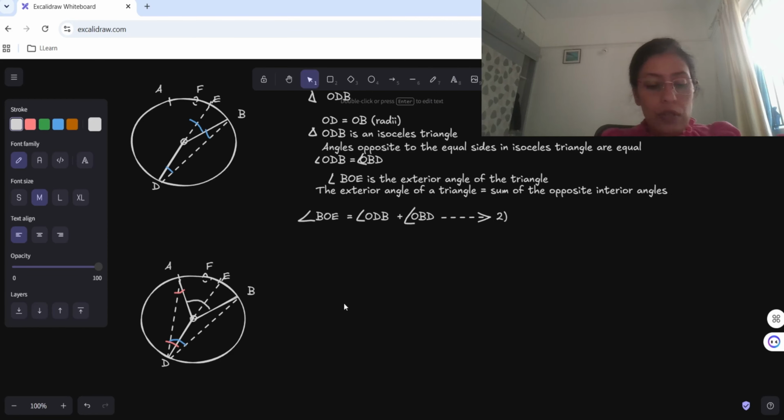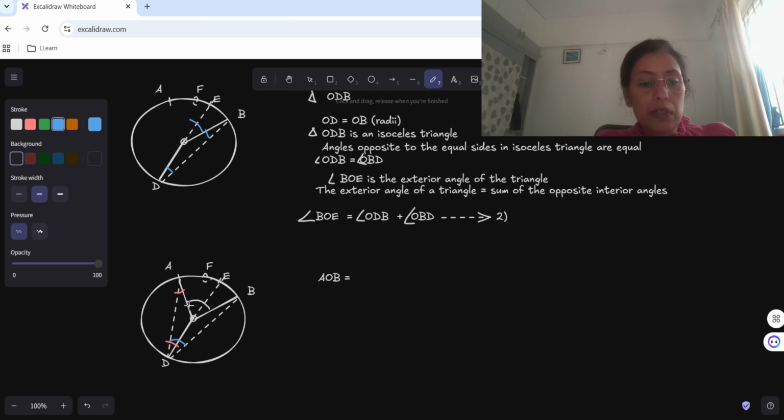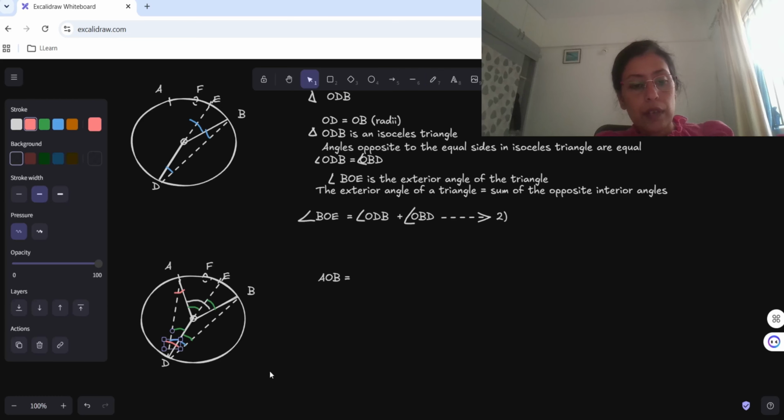Now what I'll say here is angle AOB. What is it made by? It is made by two angles, right? Between this angle and this angle. Similarly, what is angle ADB made of? This angle and this angle. Okay, I'll remove the other unnecessary parts.